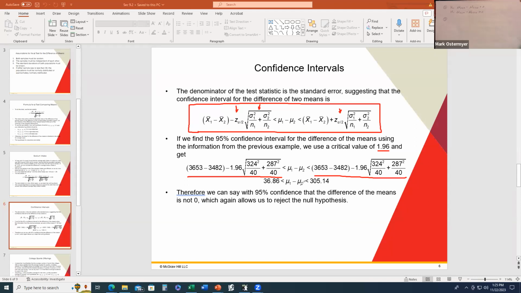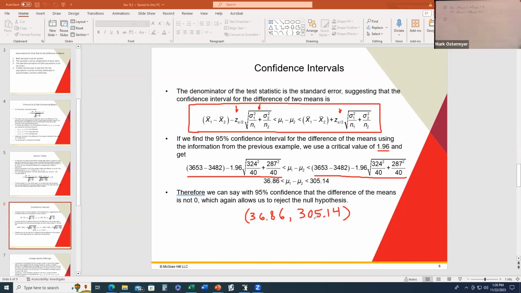Now, here's how we know there's a difference here. Got a question for you. Is 0 in this confidence interval? Is 0 contained in this interval? Would 0 lie between 36 and about 305? Yes or no? What do you think? No. 0 is not in this interval.